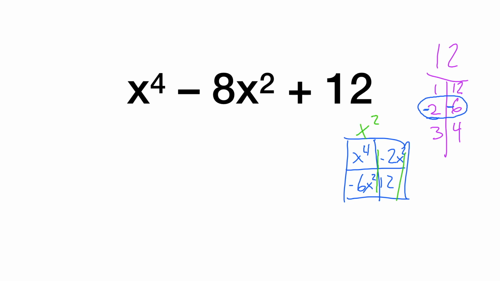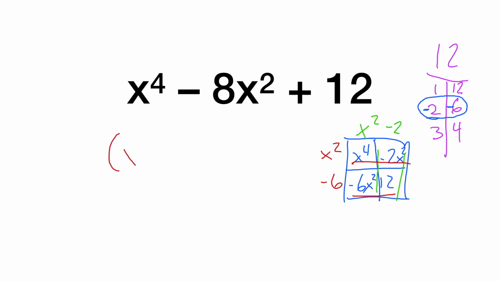Negative 2x squared and negative 12 is negative 2. And that's it. Now let's try our other one. Ooh, let's not use the same color as earlier. X to the 4th and negative 2x squared is x squared. Negative 6x squared and 12 is negative 6.